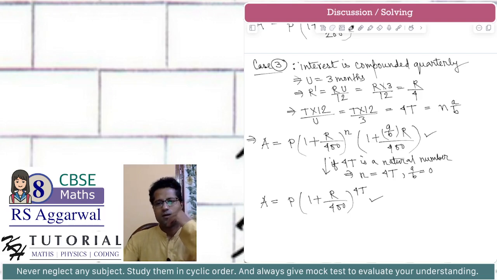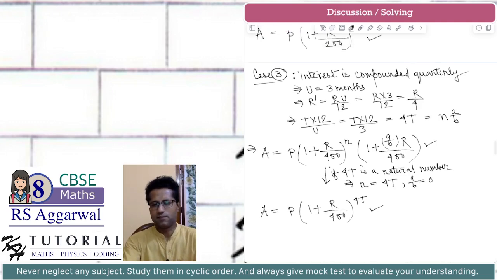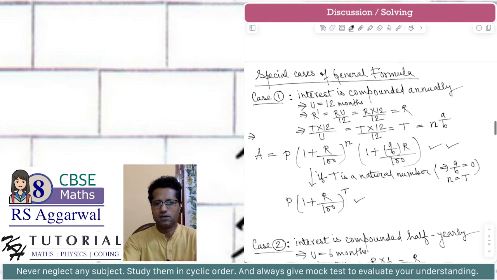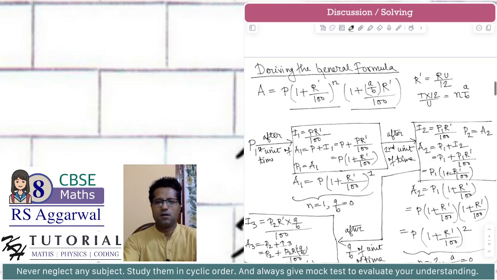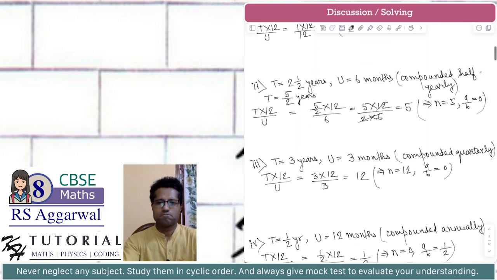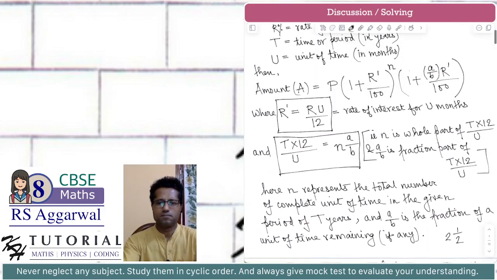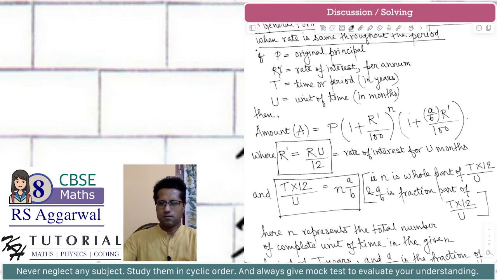So I hope it is now clear that all these special cases can be derived from my general formula. This is the very general formula based on R, P, u and T. Remember that u is in months and T is in years.